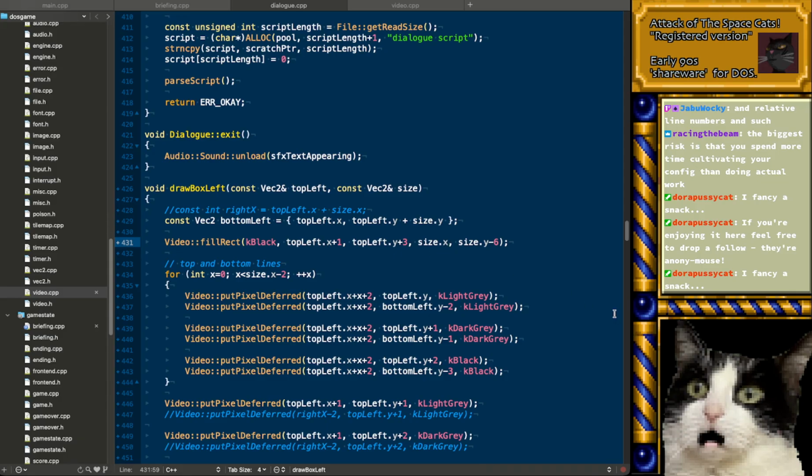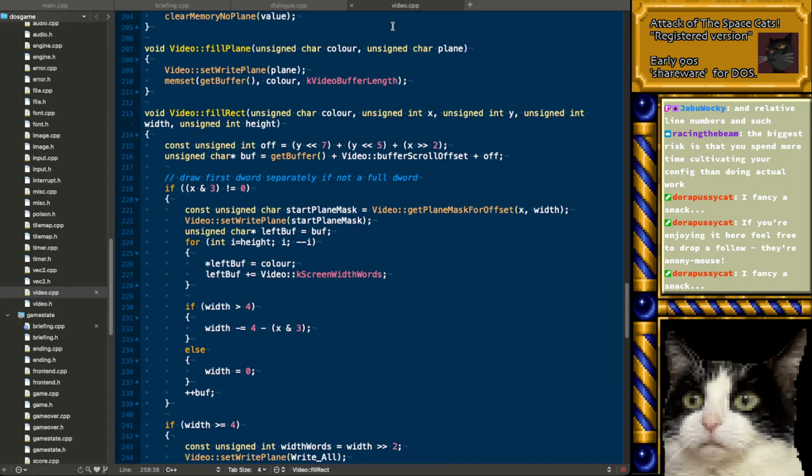Oh, I really don't want to have to look into that code because I don't want to have to deal with planes at this time of day. Oh Lord. Right, okay.